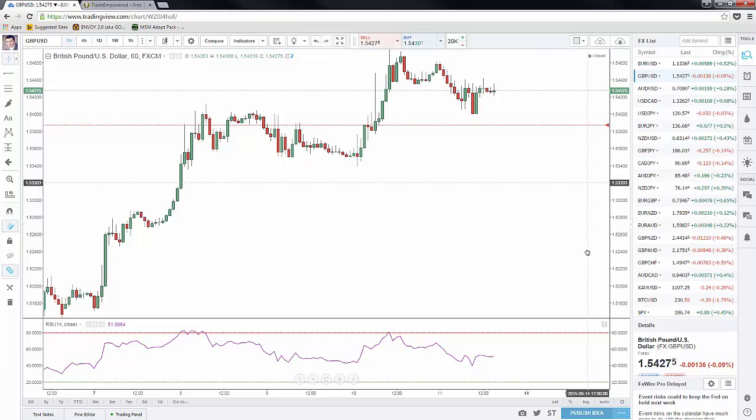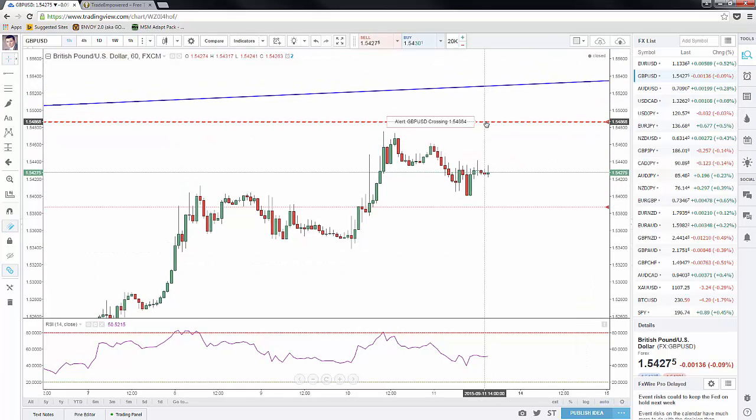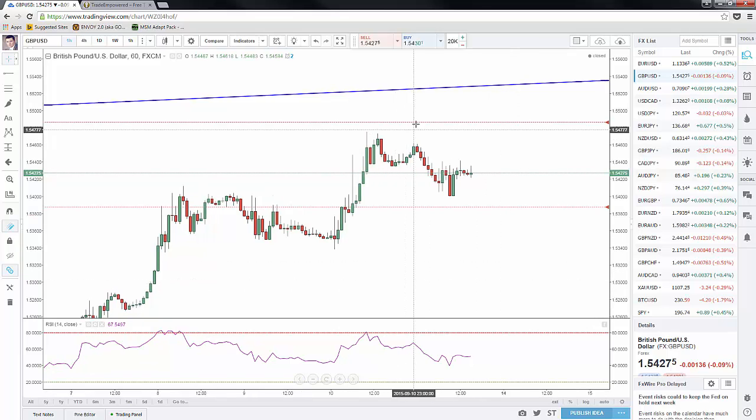And here you can see my two little alerts that I've got set up here. Essentially what I did was I said, well, if the market comes up into this level to around 154.86, I know that's a higher time frame structure level I want to pay attention to. So if the market comes up into that level, I want to be alerted because I want to be watching for some sort of reversal pattern.